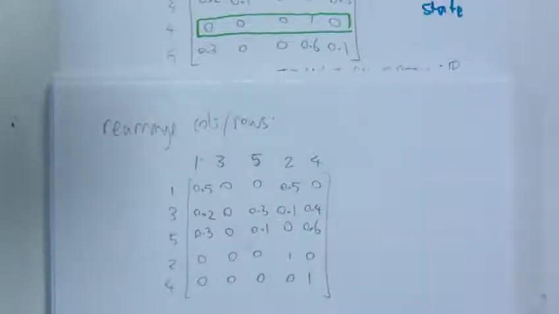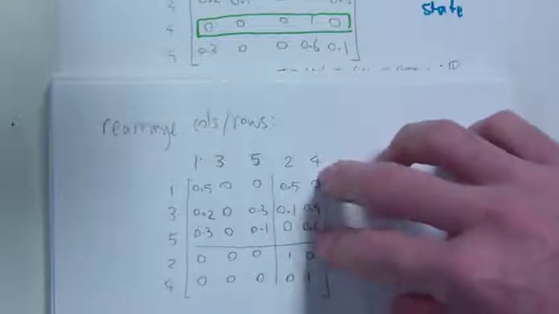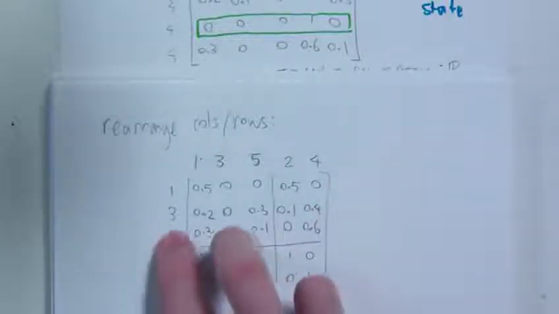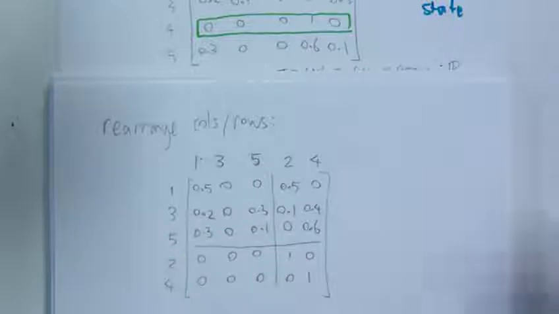And the nice thing about this is that if I do this, I've got an identity matrix here and a zero matrix here. Your lecturer calls this matrix here S and this matrix here R, for no good reason. They're just letters that come after P.